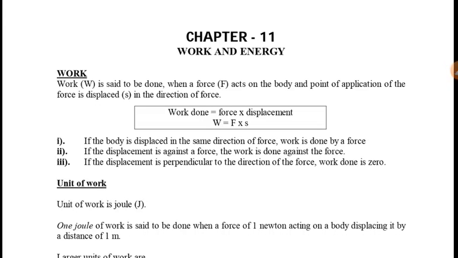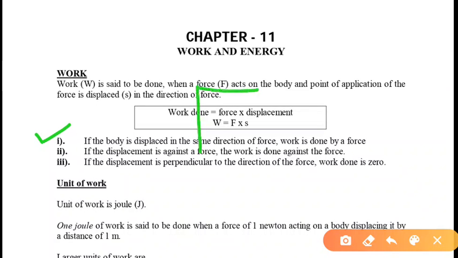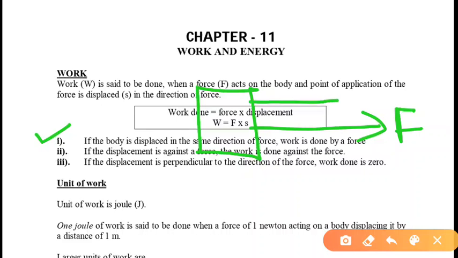Now there are three types of work: positive work, negative work, and zero work. The work is said to be positive if, suppose, the force you are applying is in this direction and the displacement is also in the same direction. Then we say the work is positive. Next is negative work.